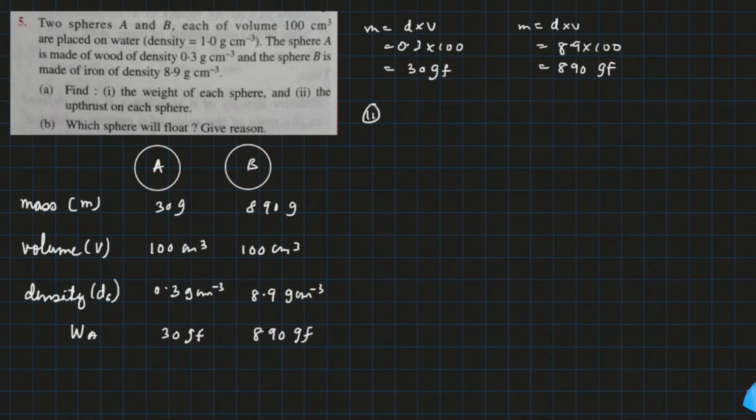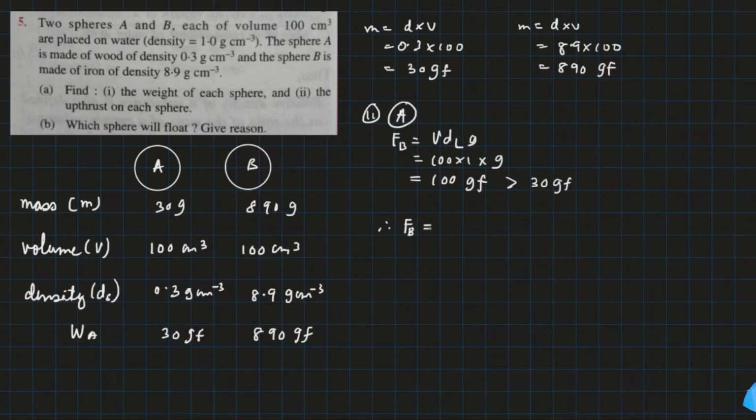The second part, we want to find out the upthrust. So for sphere A, the upthrust will be equal to VDLG, that will be 100 into 1 into g, that is 100 gram force. Now since 100 gram force is greater than 30 gram force, which is the weight of sphere A in air, therefore the upthrust that sphere A will receive will be 30 gram force.